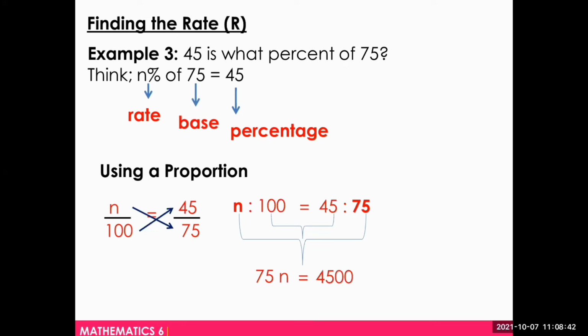Since 75 ang number na katabi ng variable na N, i-divide natin both numbers by 75. So let's cancel 75 and matitira na lamang si letter N. So 4,500 divided by 75 is equal to 60. Kaya 45 is 60% of 75.